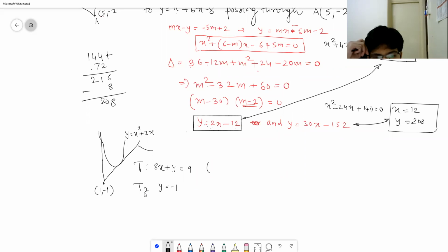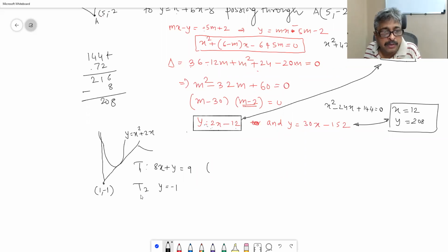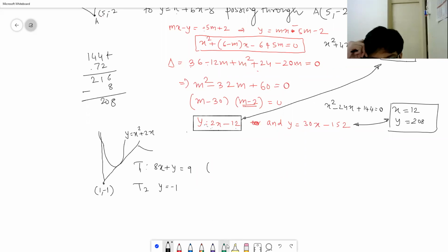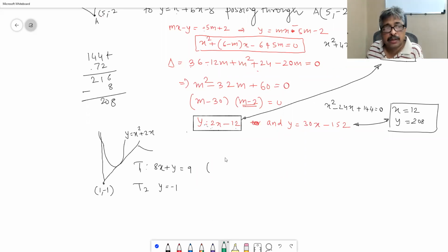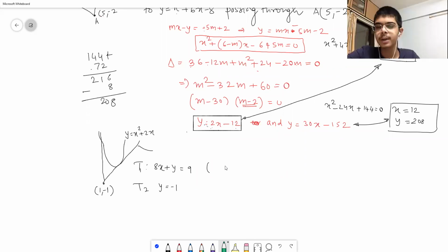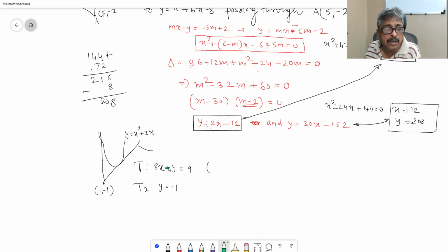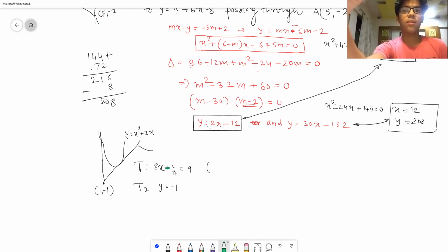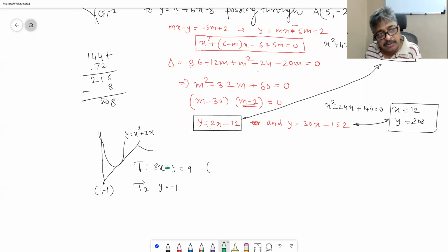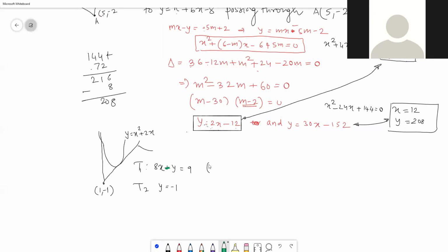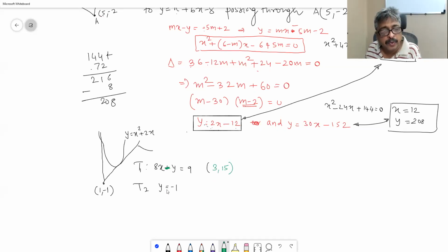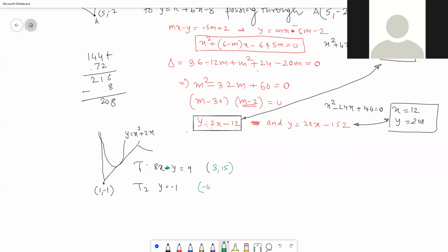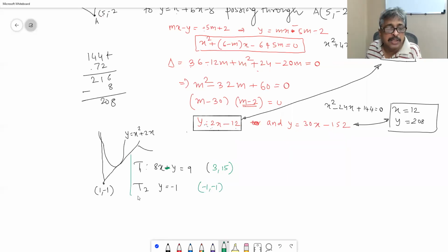What is not coming perfect square? The quadratic in x. Sir, I think it should be 8x minus y is equal to... Yes, sir. 8x minus y is equal to 9, it has to be a perfect square. So (3, 15), and here (-1, -1). These are the answers.